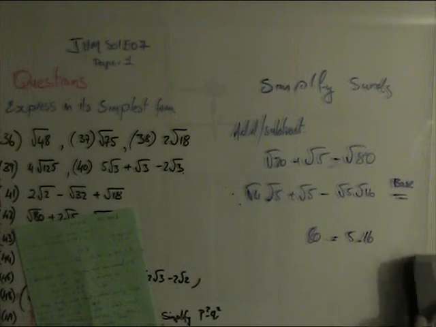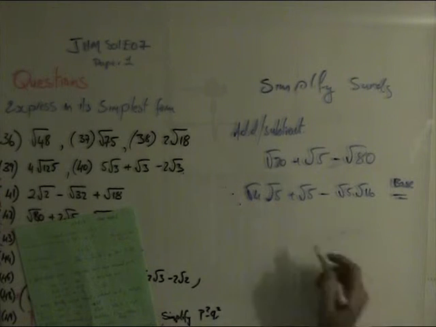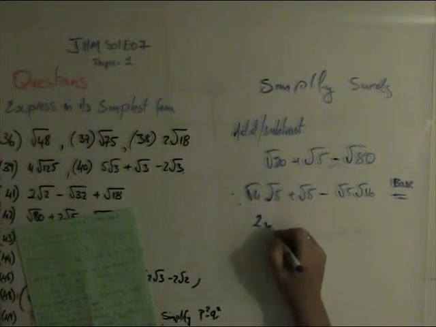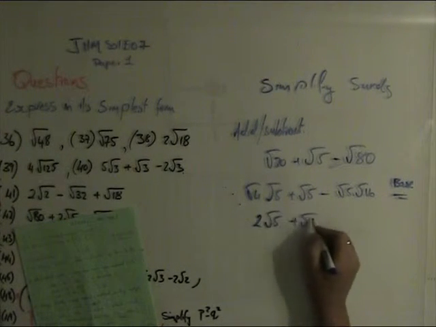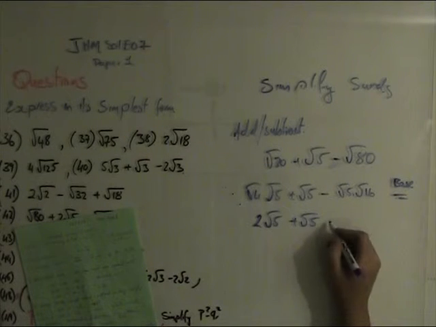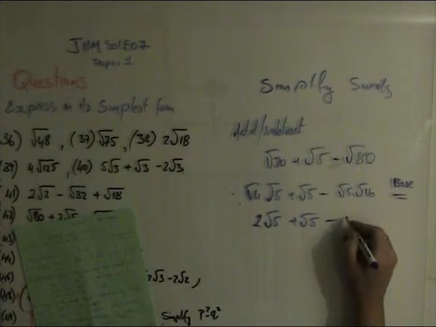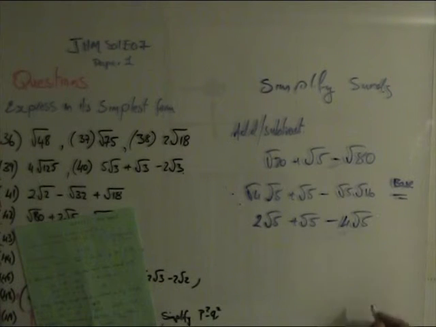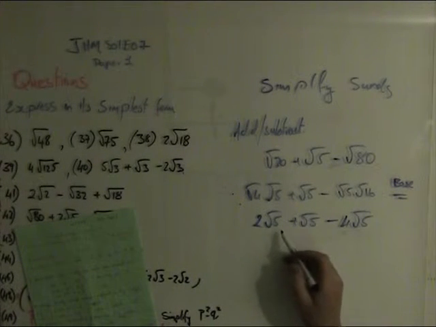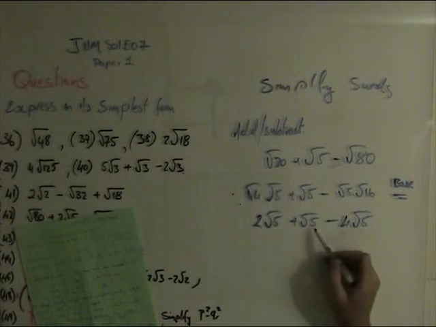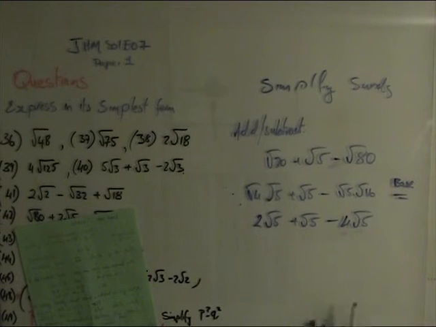Now I can break these down and simplify them. Root 4 is 2, times root 5, plus root 5, minus root 16, which is 4. What times what will give me 16? And you see there you've got 2 root 5s, and you've got plus root 5. Now this is grouped.